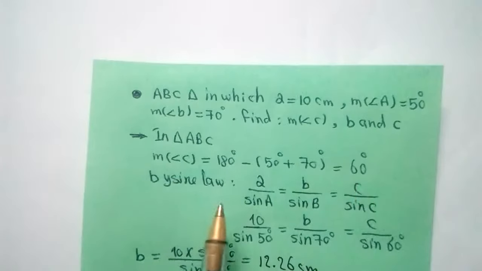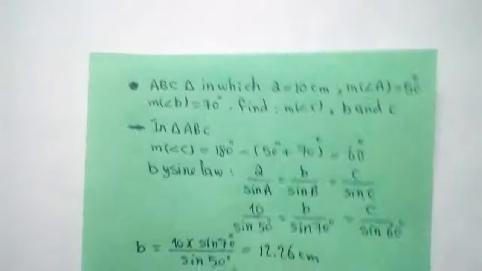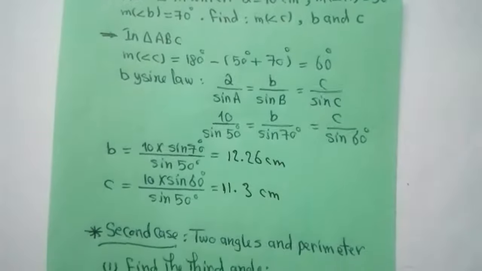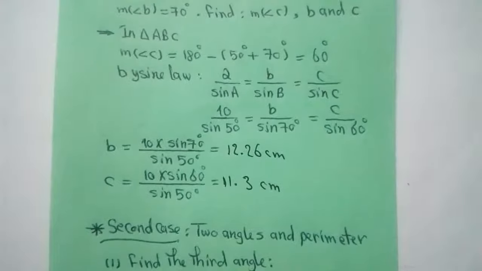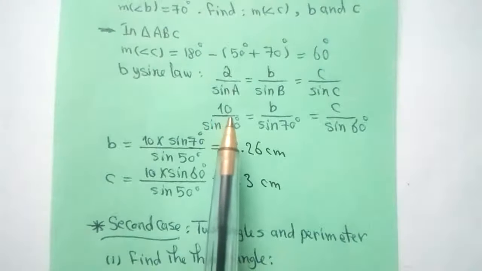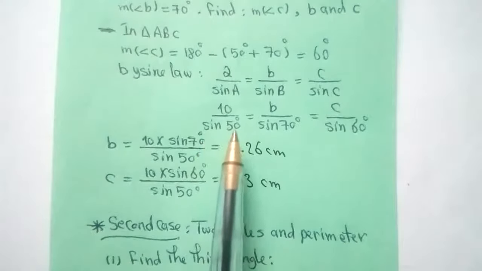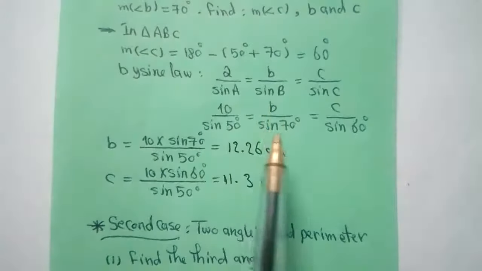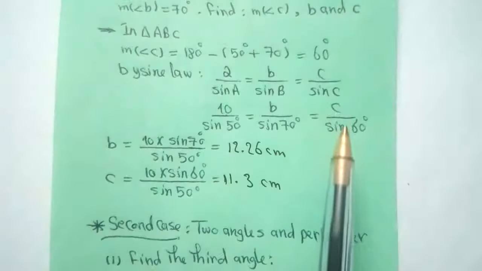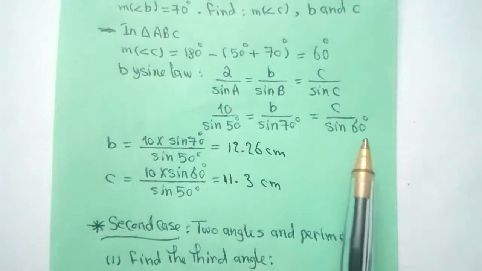By the sine law, a over sine A, b over sine B, c over sine C. It gives me a equals 10, sine A is sine 50, b, sine B is sine 70, c, sine C is sine 60.